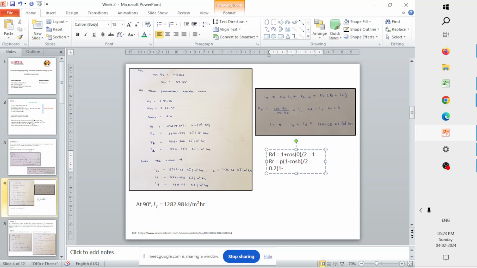1 minus cos of 0, divided by 2. Oh sorry, 1 minus cos 0 will be 0.